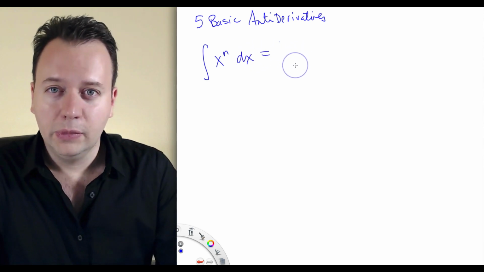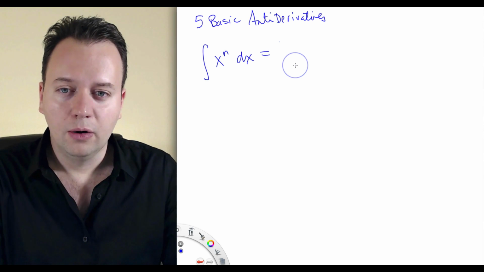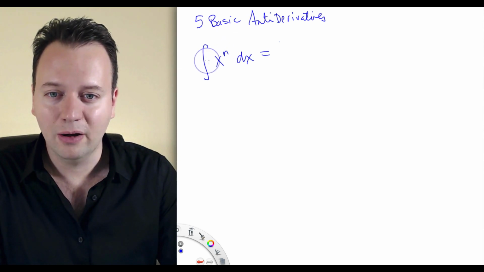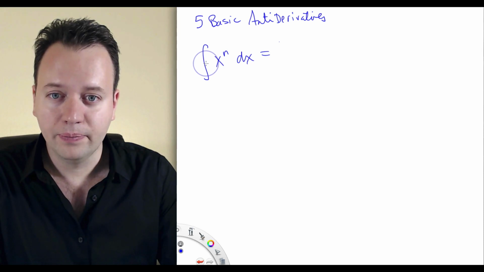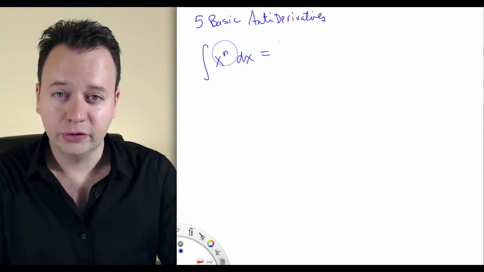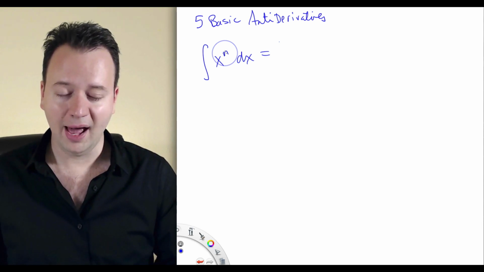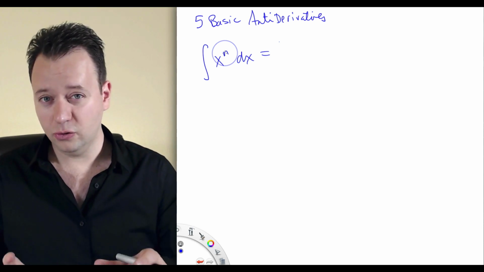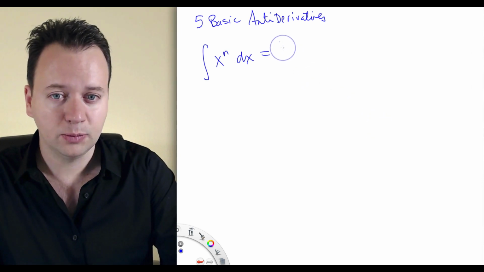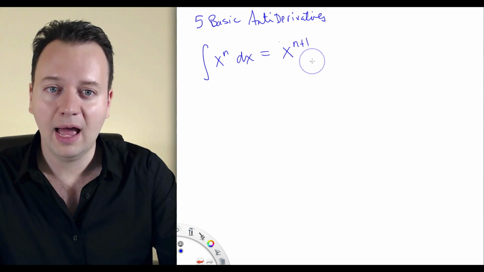Okay, well, let's put on our thinking caps. We saw the derivative of x to the n. The exponent came down, so the n came down, and then we subtracted 1 from the exponent. So to compute the integral of x to the n, we basically do the steps in reverse. So first we add 1 to the exponent instead of subtracting 1.